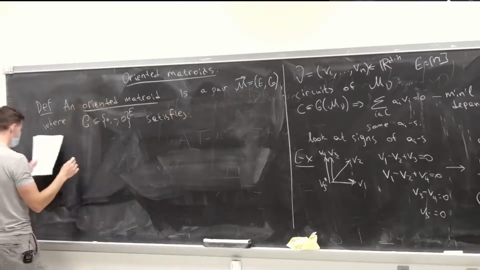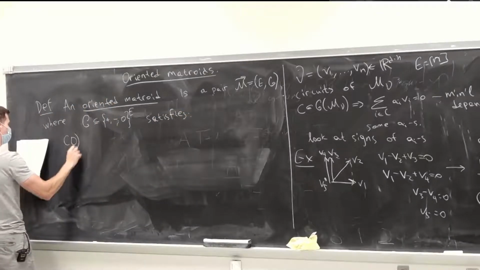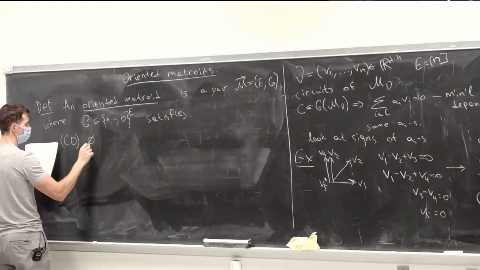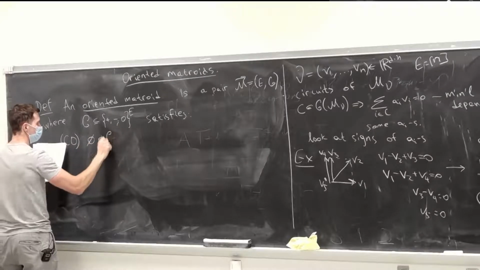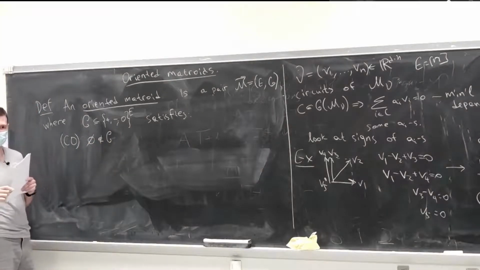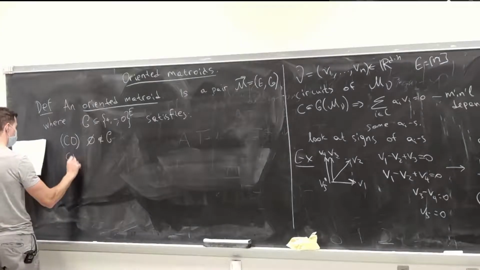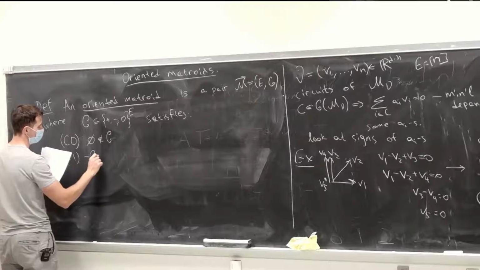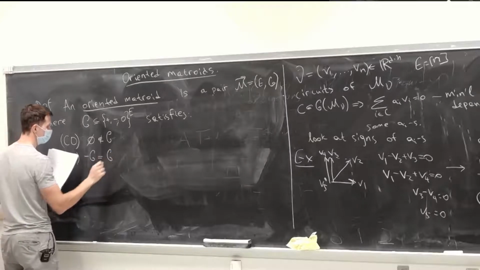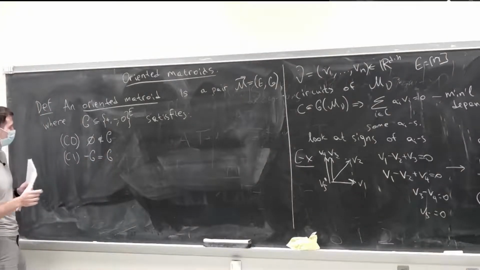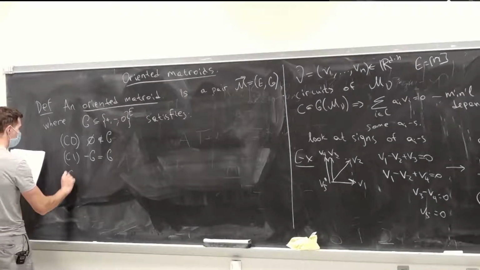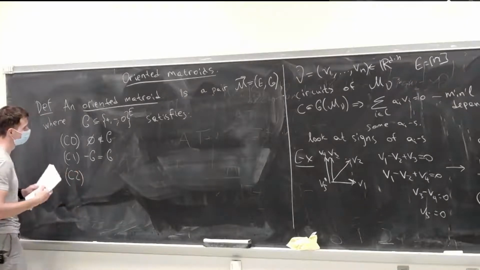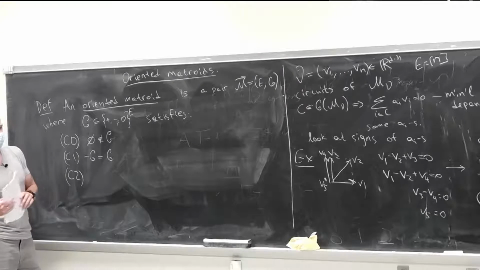Of course, the first few are going to be trivial. The first axiom is that the 0 vector is not a signed circuit. The second axiom is that if you have a signed circuit, then the negative of a signed circuit is also a signed circuit. And finally, maybe you could tell me what should be the interesting axiom.